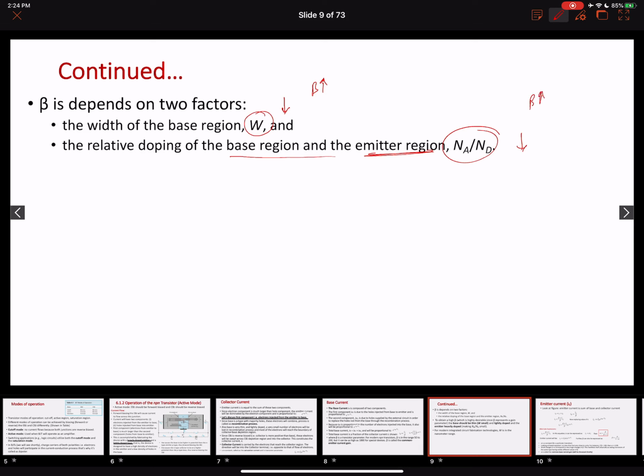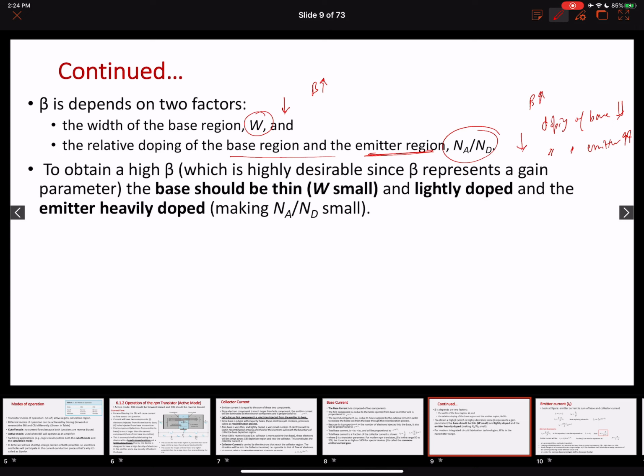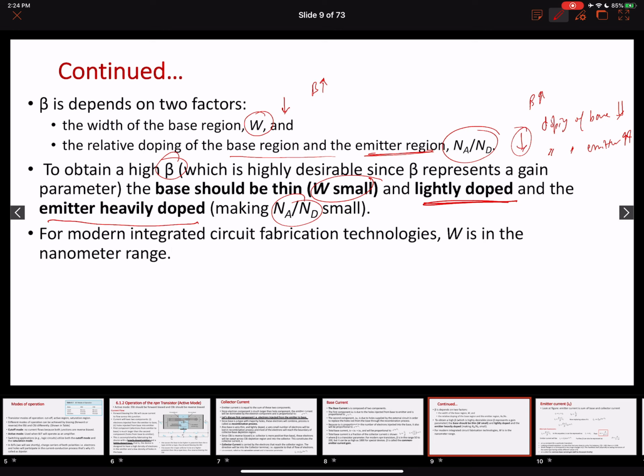So we want the doping of the base to be smaller and the doping of the emitter to be larger. With a lightly doped base and a heavily doped emitter, our beta can be very high. These are the factors that beta depends on. For modern transistors, the width of the base region is almost in the nanometer range, just to give you an idea.